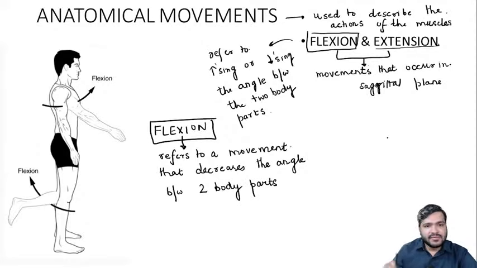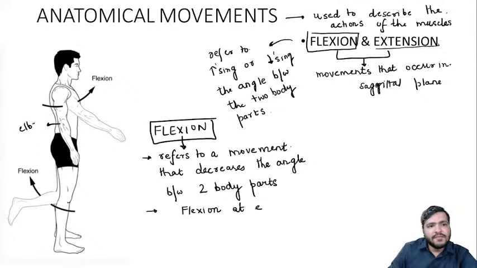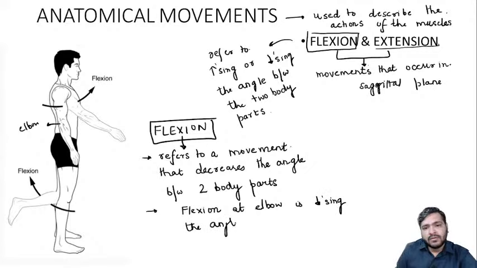Let us understand this with an example. Suppose I talk about flexion at the elbow joint. You know this is the elbow joint over here. The flexion at the elbow will be decreasing the angle between the ulna and humerus.